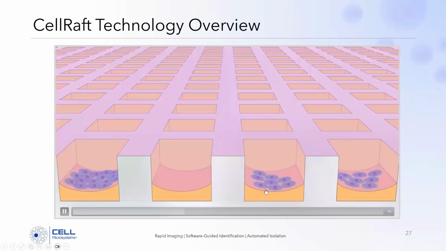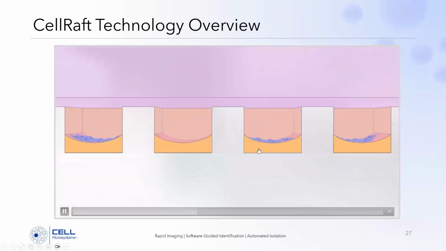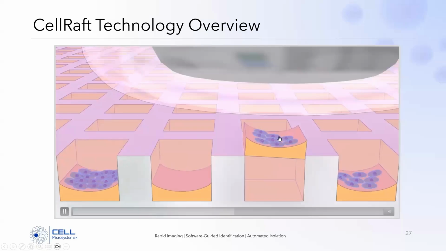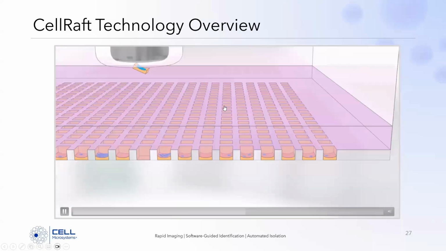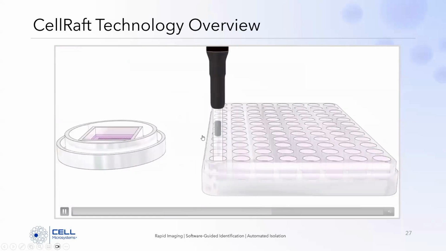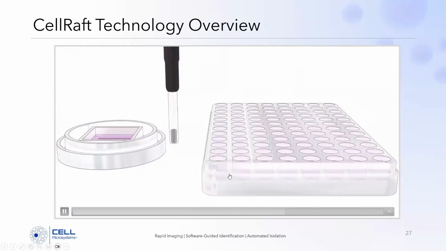The cells remain attached to the cell raft, and they can continue to grow there until a colony has formed, at which point the raft can be retrieved from the array, picked up by a magnetic transfer wand, and the raft containing your precious cell cargo can be deposited into a 96-well collection plate containing your media of choice, where the cells will continue to grow over time.